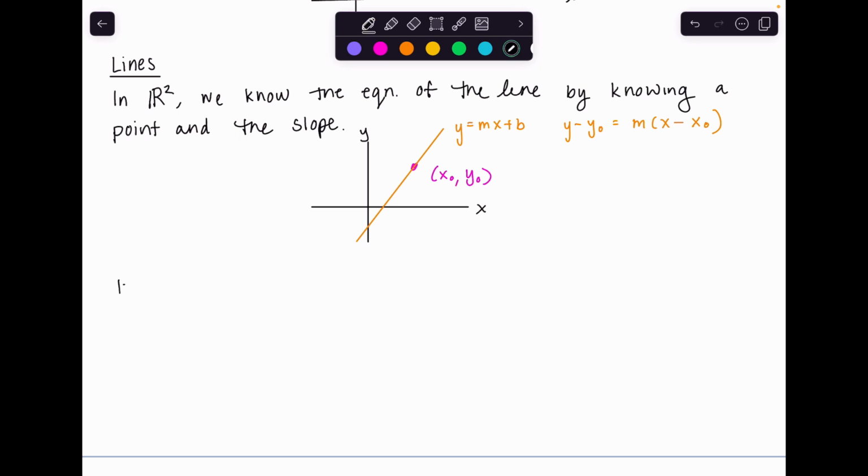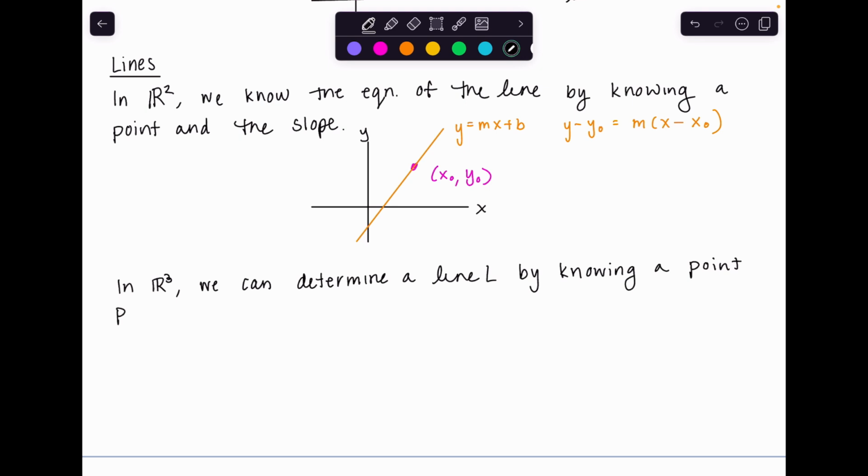So in R3, we can determine a line L by knowing a point, which I'm going to call P, and we'll call it P0 to indicate the initial. So it has coordinates x naught, y naught, z naught. So we can determine a line L by knowing a point on the line and the direction of the line.